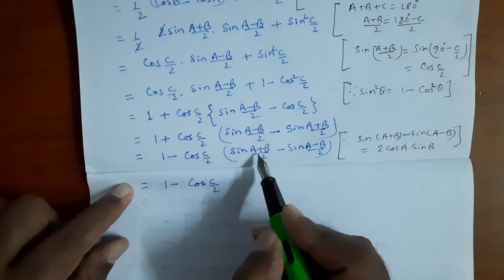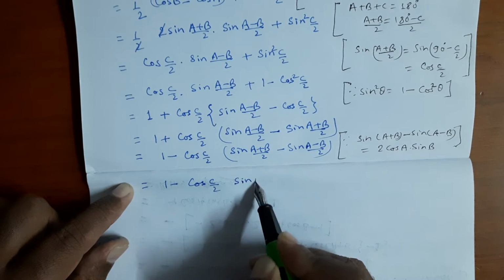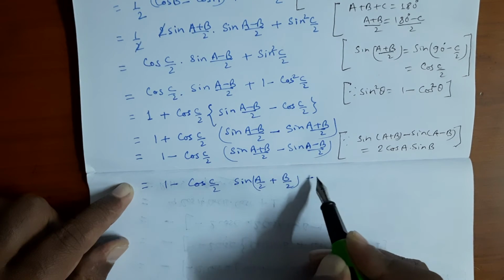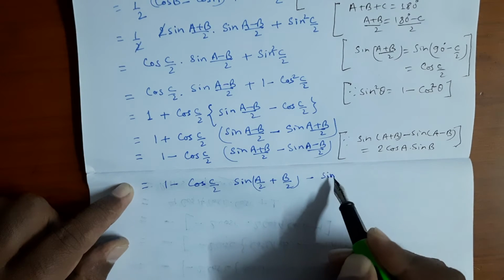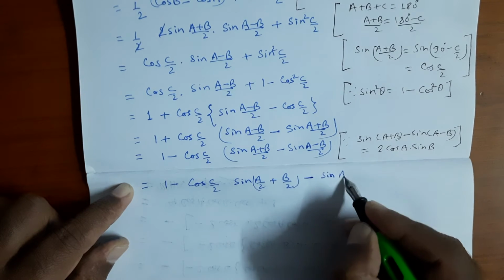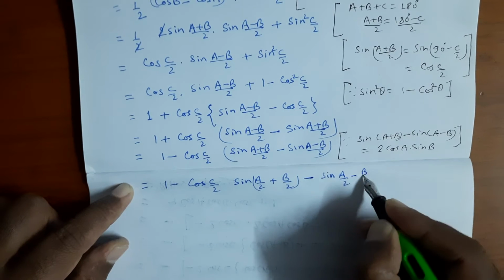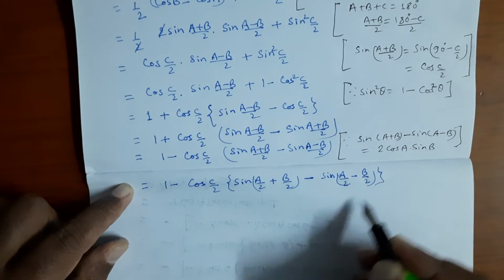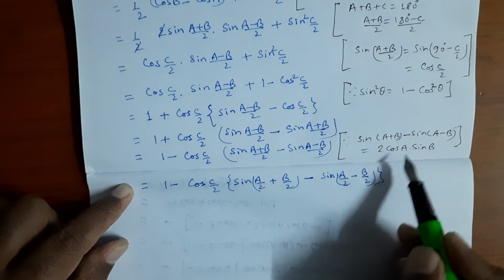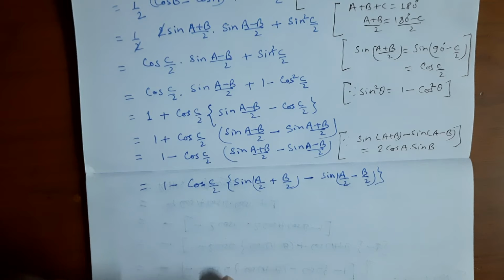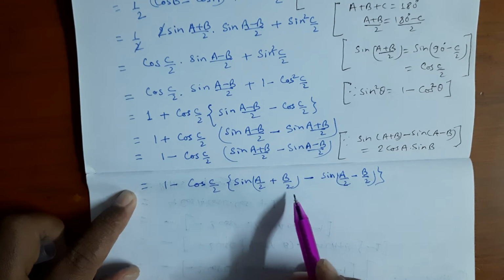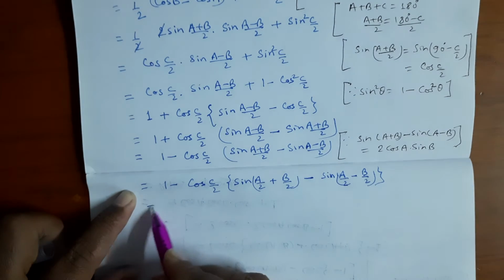To use this formula, let us write this separately, that is sine (a/2 plus b/2) minus sine (a/2 minus b/2). We can write it this way. Now instead of a we have a/2, instead of b we have b/2. So using this formula it becomes 2 cos(a/2) sine(b/2).